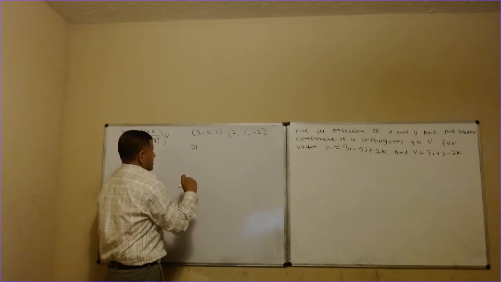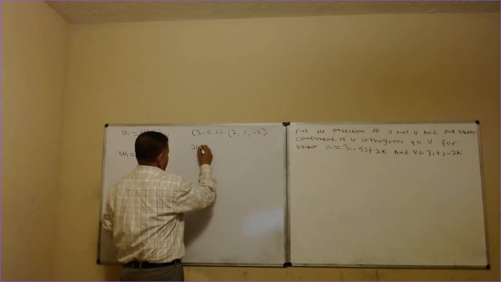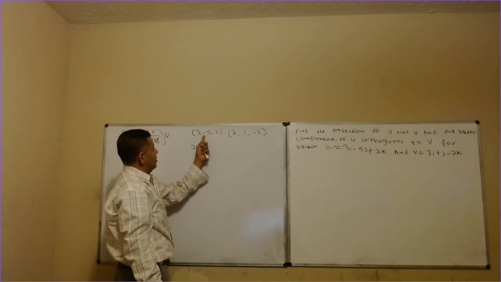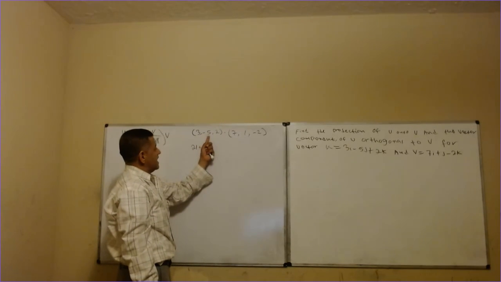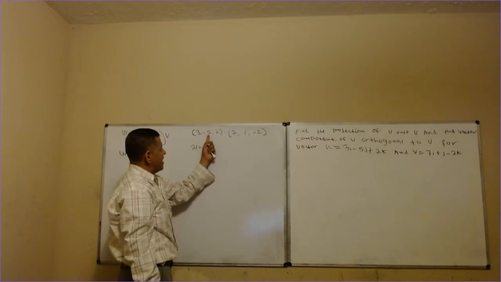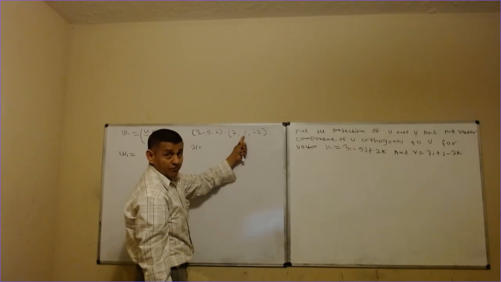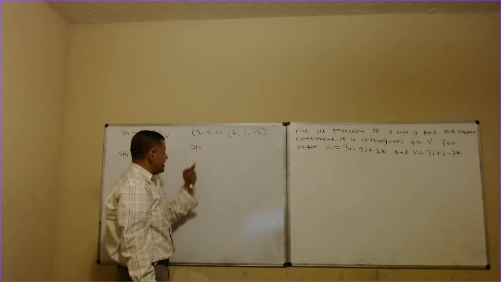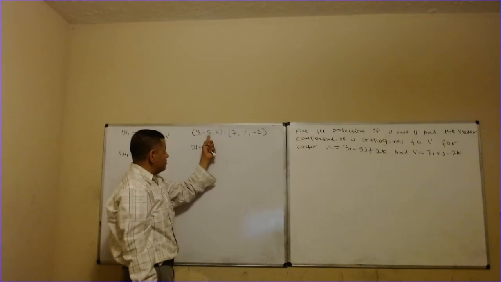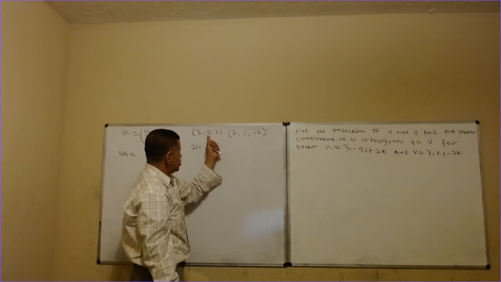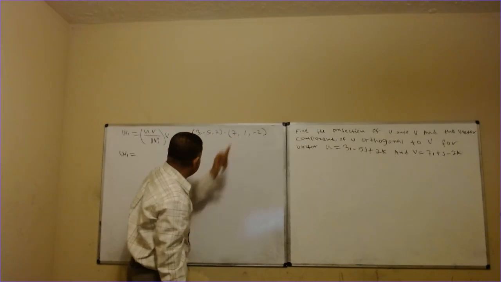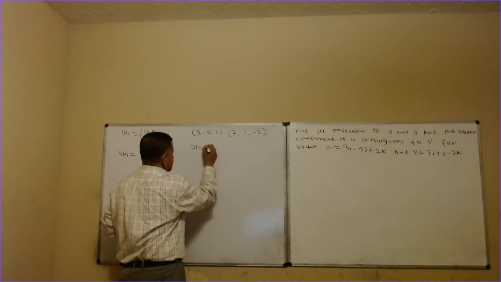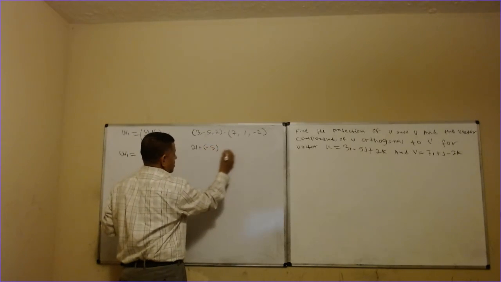Now, here, plus what? I'm adding 5 times the corresponding value of j. I did the i's already, now I gotta go with the j's. Negative 5 times 1 is nothing but negative 5.